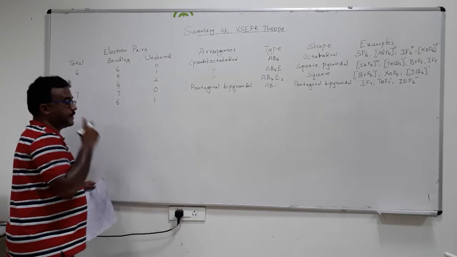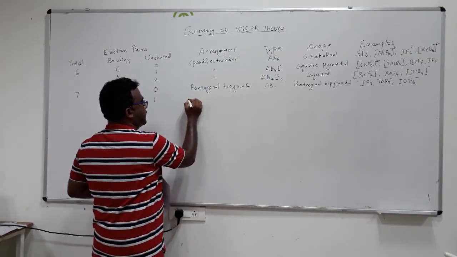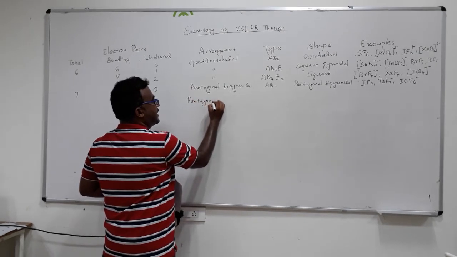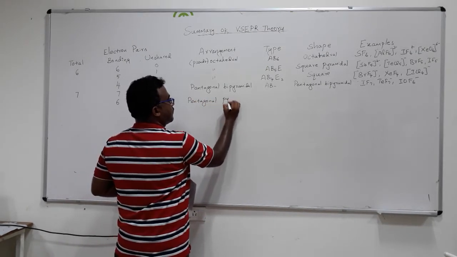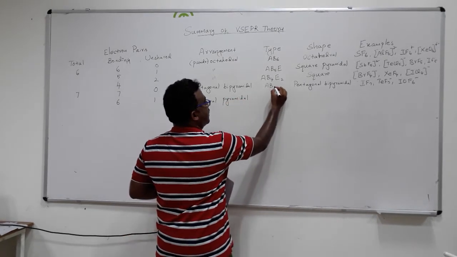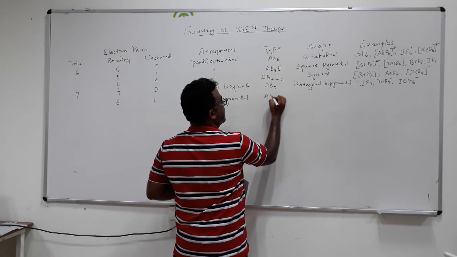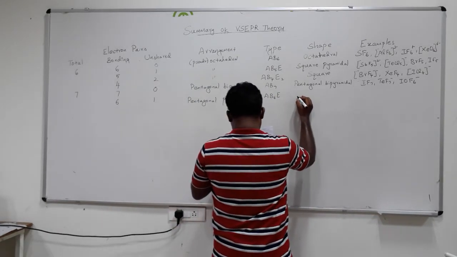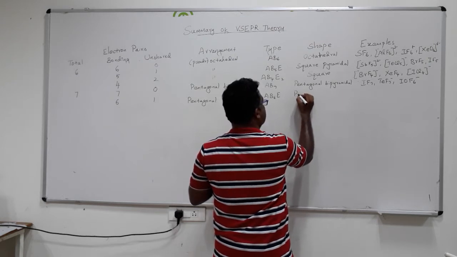Next we have 6 bonding pairs of electrons and 1 unshared pair of electrons. That will be called pentagonal pyramidal. The system will be AB6E, again called pentagonal pyramidal.